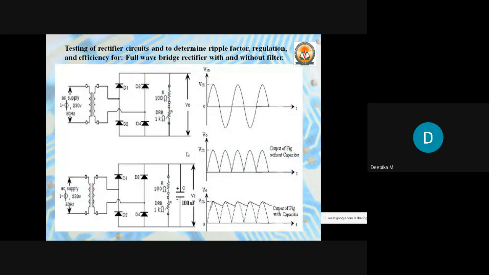So then coming to the bridge wave rectifier. Why do we call it the bridge wave rectifier? Because the 4 diodes are connected in a bridge manner. So therefore this is the bridge wave rectifier. And again here also we are going to use the step down transformer.